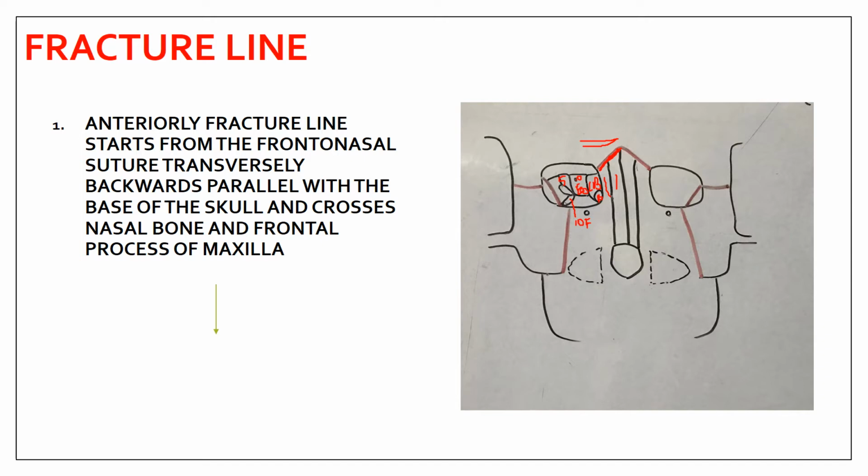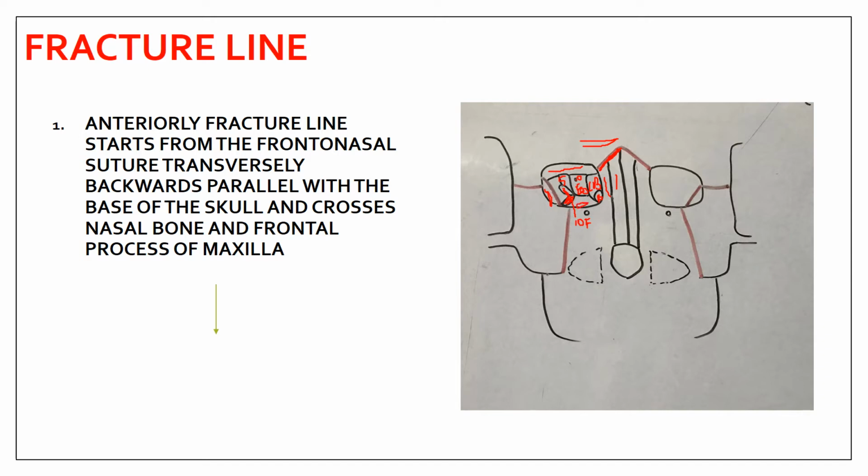That is your sphenoid bone. This one is your inferior orbital fissure, and this upper one is the superior orbital fissure. This is the orbital plate of the frontal bone. Over here, this is the orbital plate of the zygomatic bone, and this part is the orbital plate of the maxillary bone.